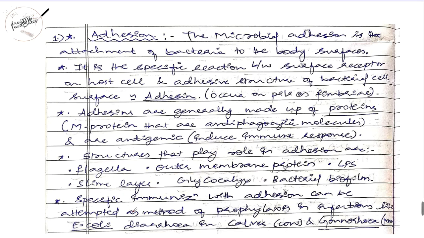Firstly, what is adhesion? It is the microbial attachment, such as bacteria, to the surface of the host. It is a specific reaction between receptors on the host cell and adhesive structures of bacteria, also called adhesins, which are nothing but the pili or fimbriae.